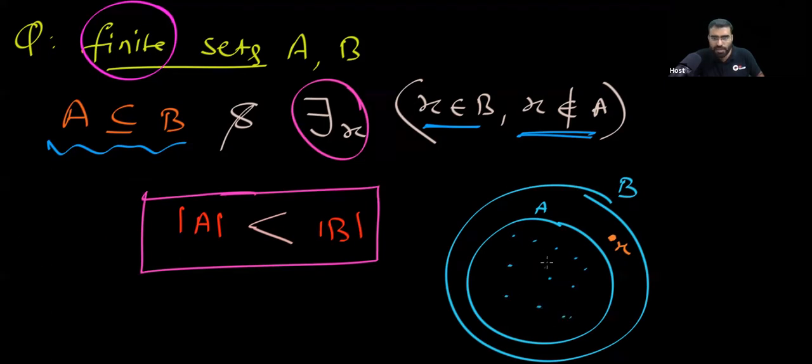But B has some extra elements. So I can say the cardinality of A will be less than or equal to the cardinality of B. Now tell me the same thing.